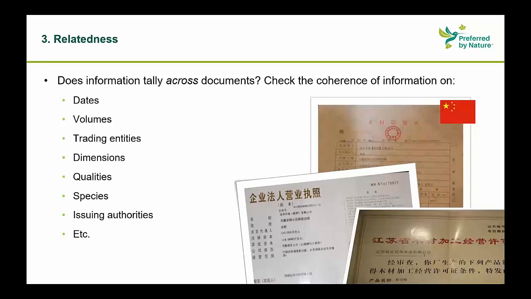There's an obvious discrepancy between information. It is the same for other things, such as species, qualities, dimensions, trading entities, but basically any information in the documents. It is good to have a general look at the whole document set and ask yourself if everything makes sense and if everything aligns. So that would be the point about relatedness.